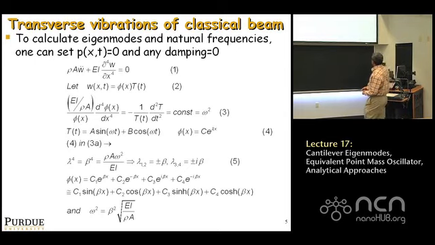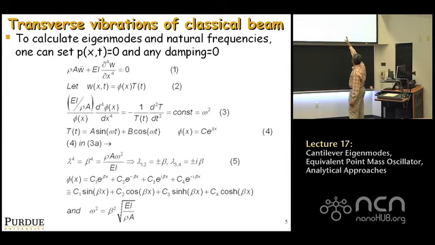So we plug the form in equation 4 into equation 3, and we find out what the lambdas are, right? And we get that lambda 1, 2 must equal plus minus beta. Beta is related to omega.